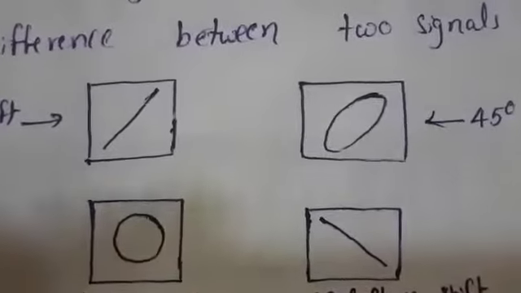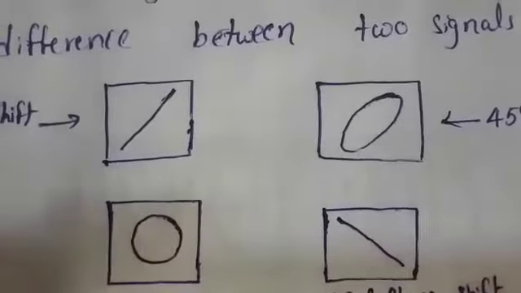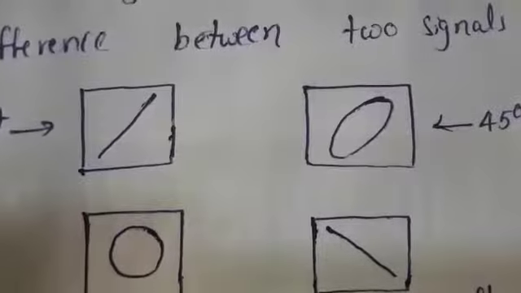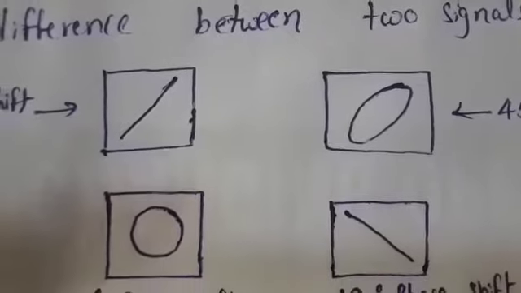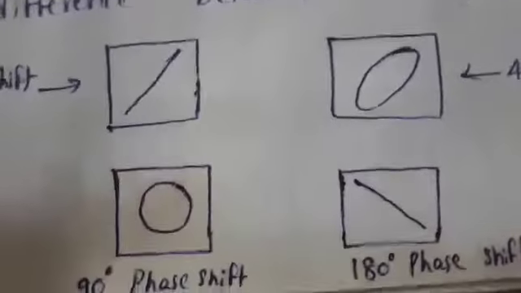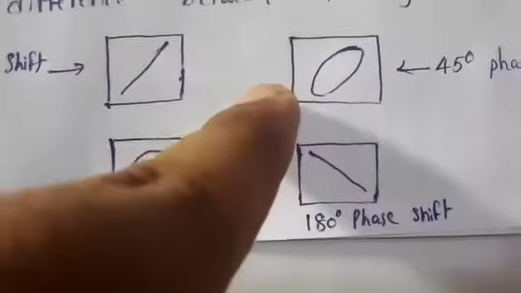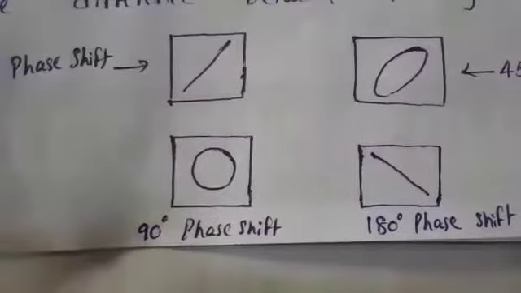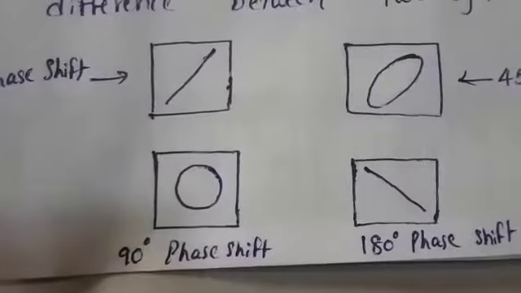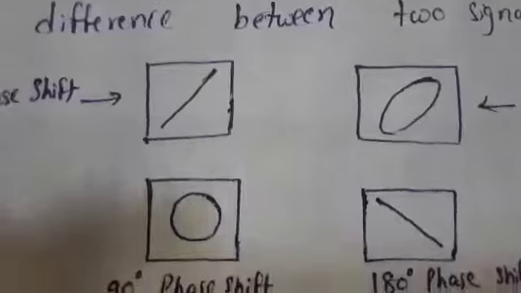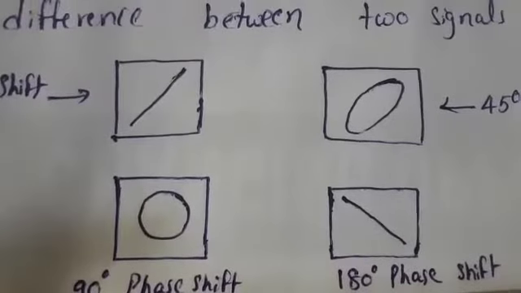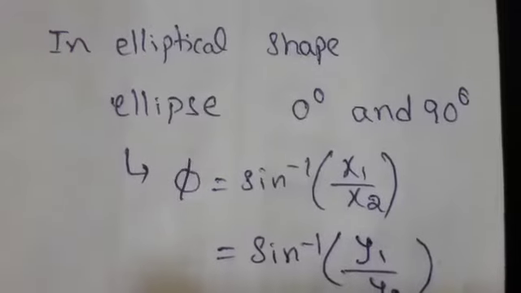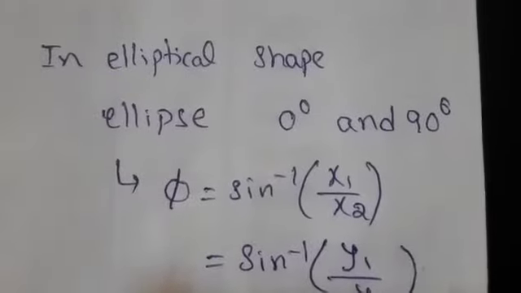Now, if the Lissajous figure is in elliptical shape in this manner, then we can tell the phase difference by using equations. Let us discuss that. These are the equations.